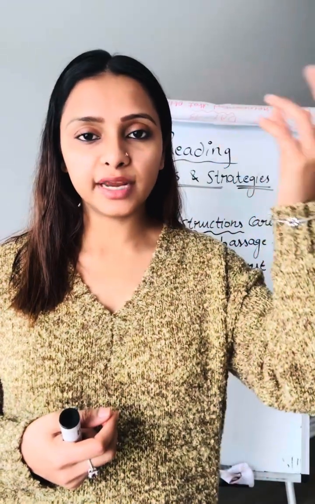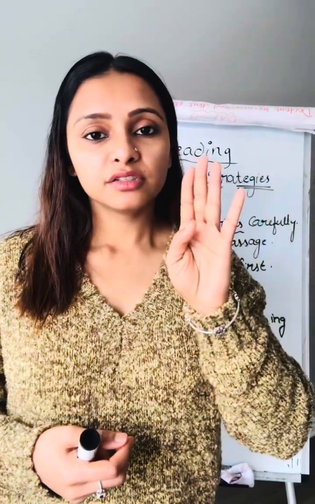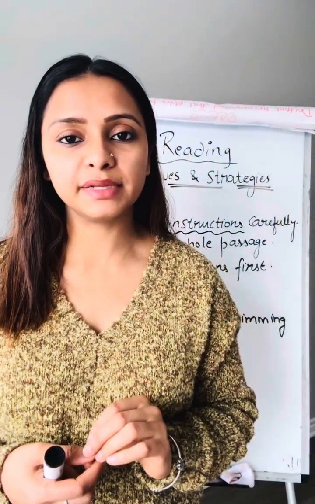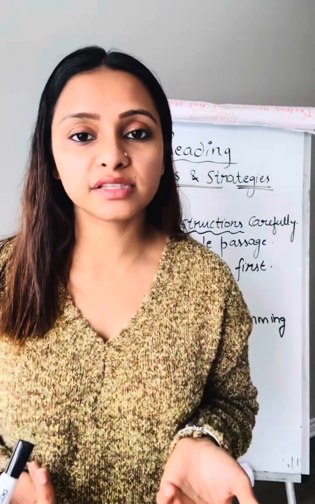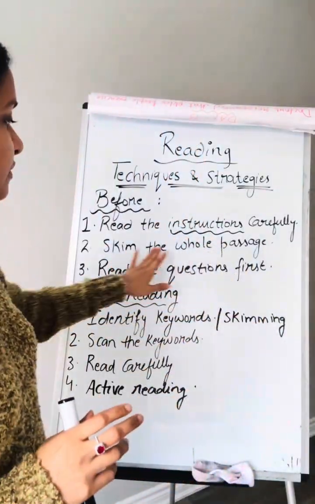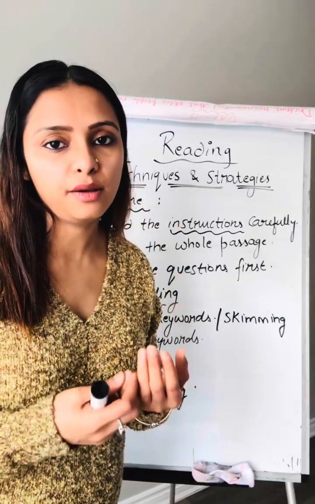So you should know the title of the passage first and just look at the number of paragraphs. Skim means quickly going through the whole passage, understanding the concept. Do not read it in detail, right? Skim the whole passage just to get an idea what it is all about.